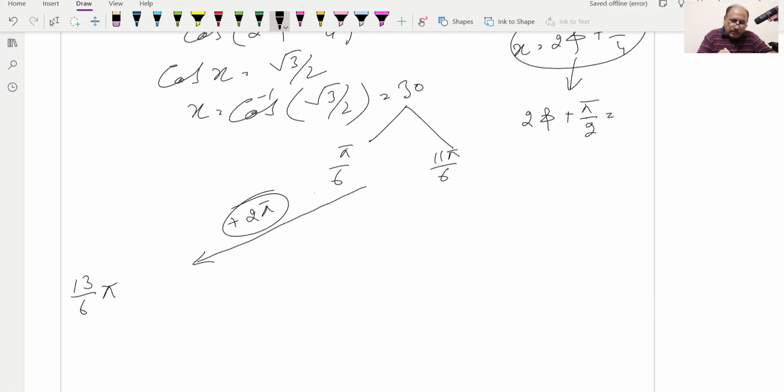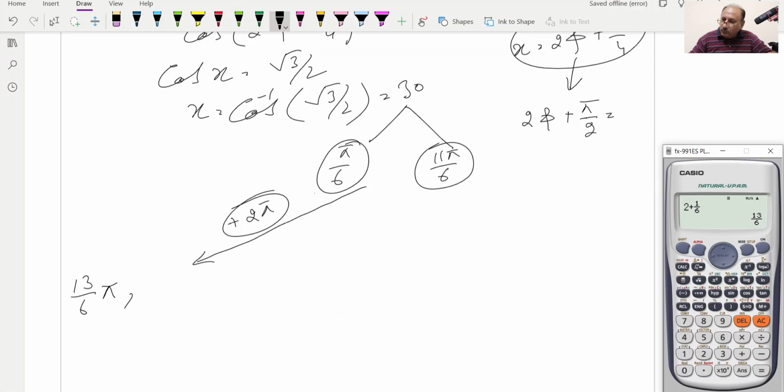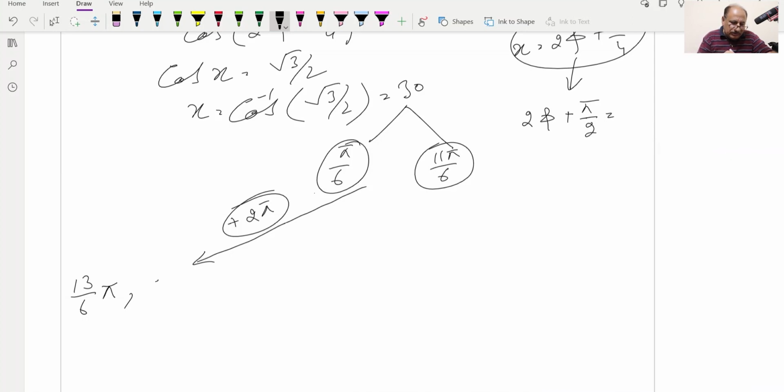We are adding 2 pi to check the next values basically, and in this one also. So in 11 by 6 also we'll add 2. So 2 plus 11 by 6 will be equal to 23 over 6 pi. So in these two values we have added 2 pi, and we know we can subtract 2 pi.